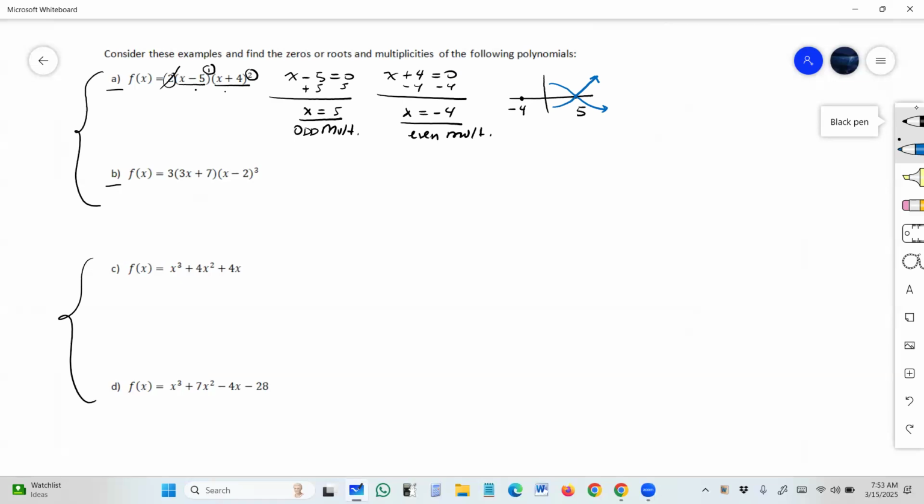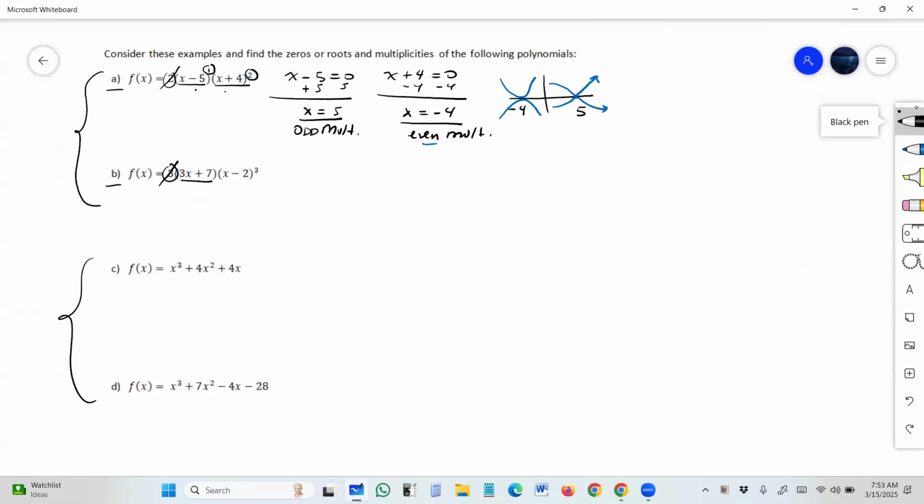And on the negative 4, it's even multiplicity, so the graph is going to bounce back either this way or that way. We don't know yet. In the next video, we'll find out the details, how to find the behavior, if it's one possibility or the other.